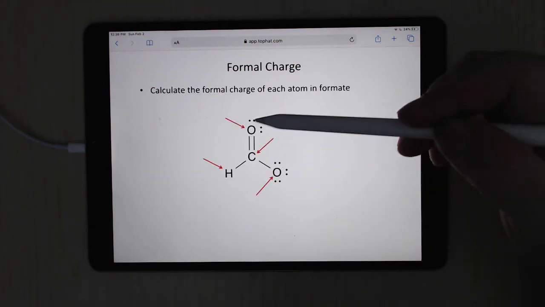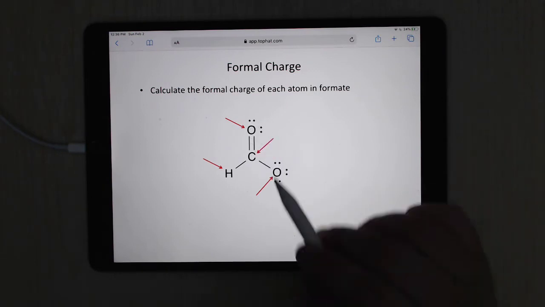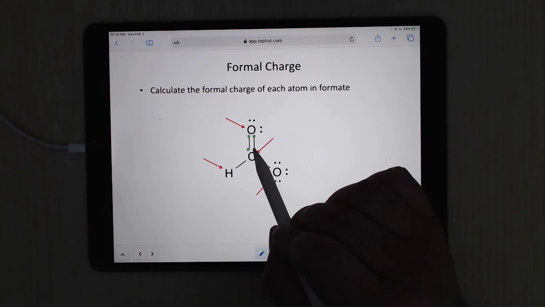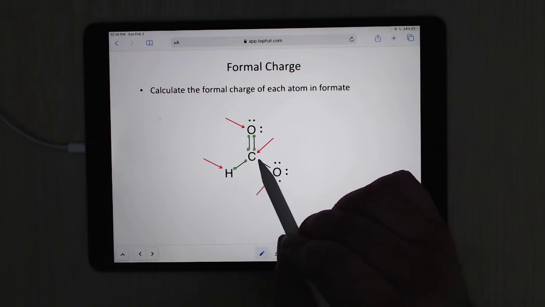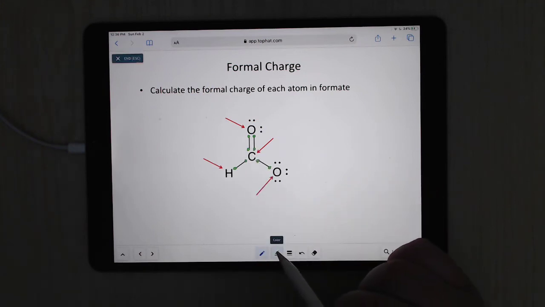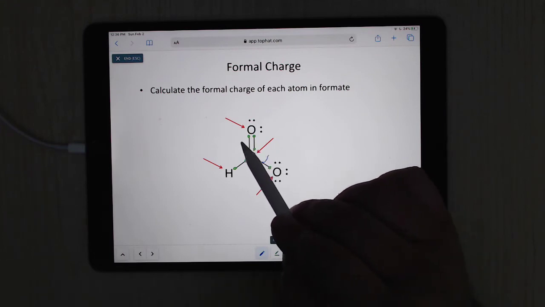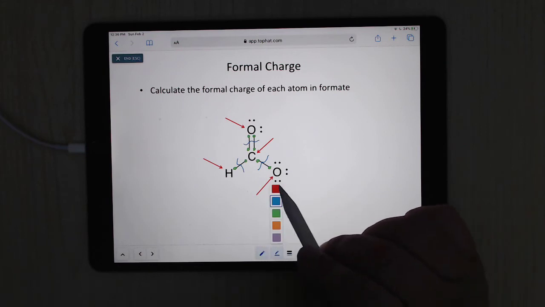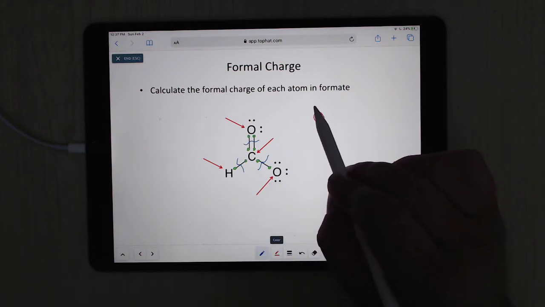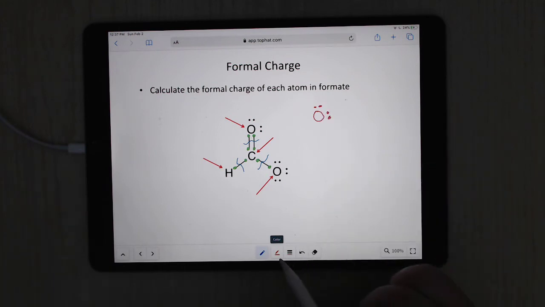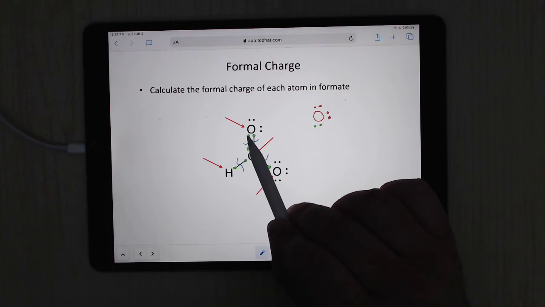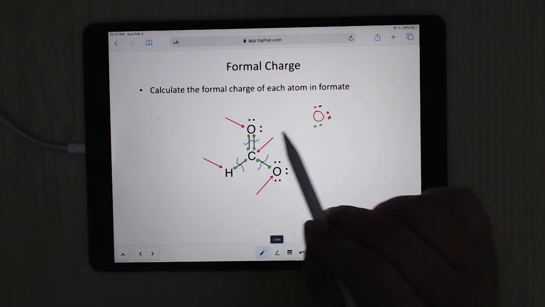So if we're looking at this one, all of these bonds have 2 electrons, and then we're going to be slicing them like that. For the oxygen, we're going to have the 2 lone pairs that were there, and then the 2, one from this bond and one from this bond.